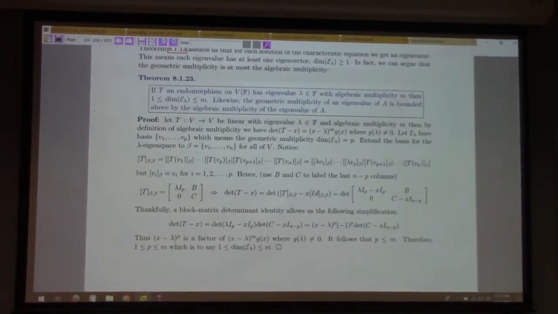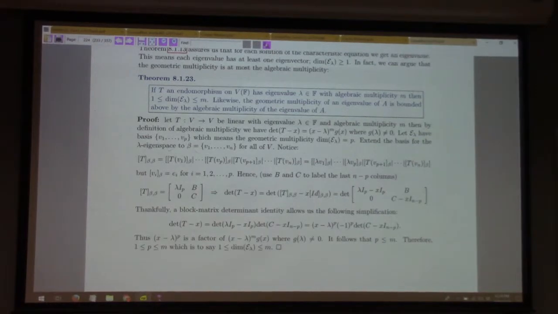So this is what the factoring of the characteristic polynomial looks like if all the zeros are in the field, right? We have x minus the root to the multiplicity of the root, whatever that is. This is what it means to say that there are n zeros, possibly repeated.